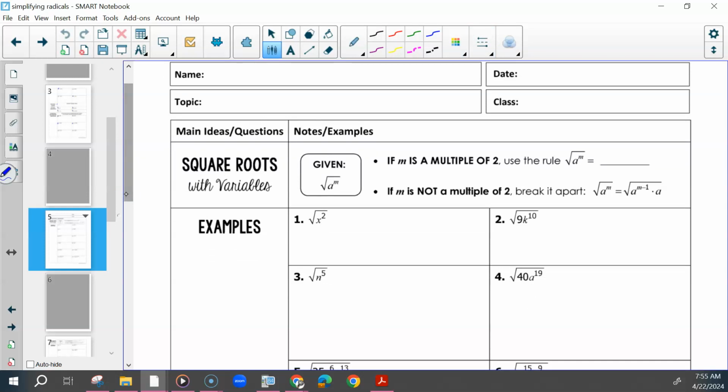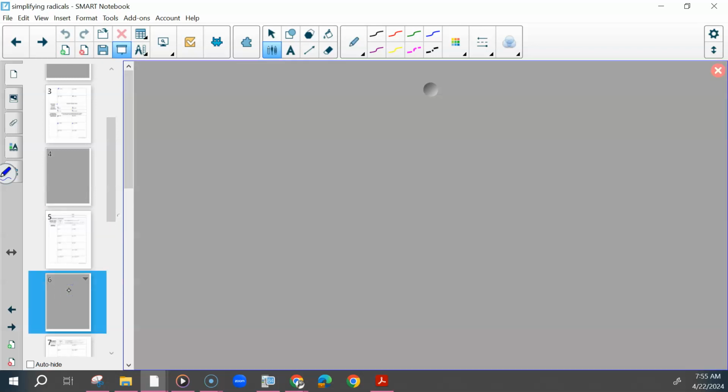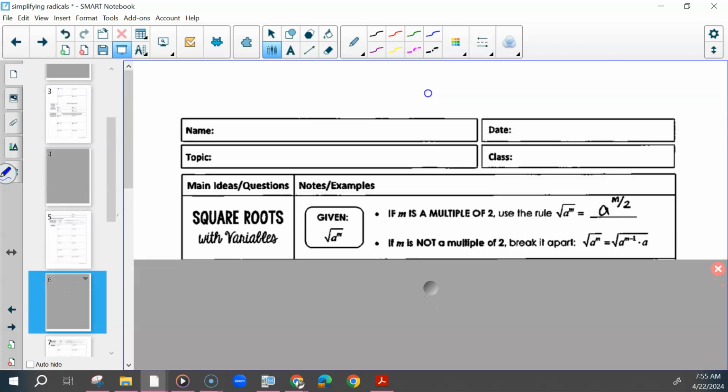So if m, the exponent, is a multiple of 2, use the rule: a to the m over 2. So if whatever is underneath the radical, you could divide that exponent by 2, just divide it. And that's going to become a whole number, and you're going to bring that outside.